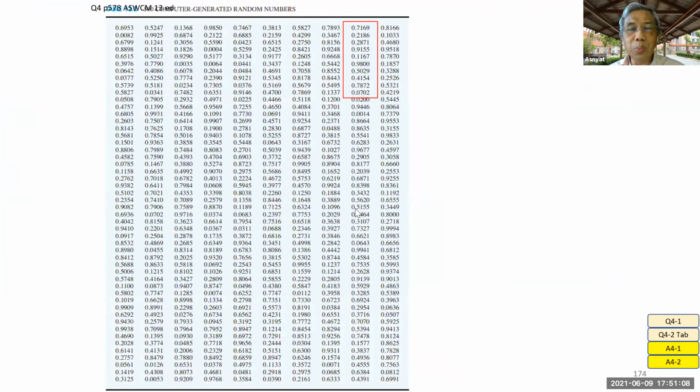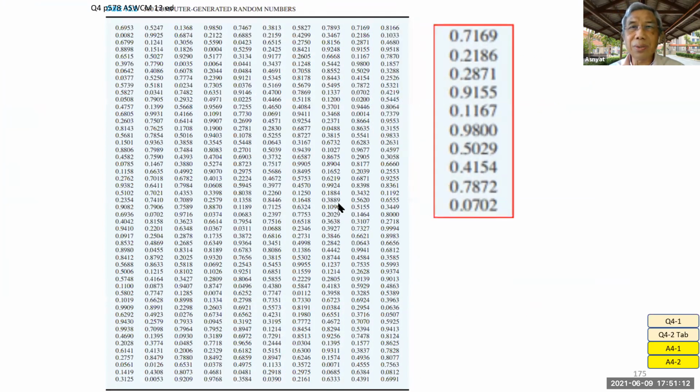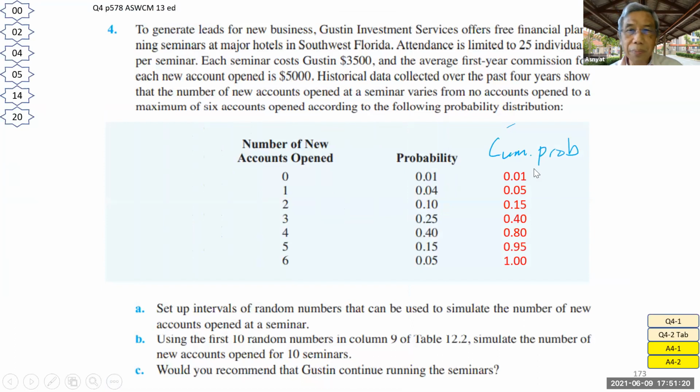Then let's do the simulation. I enlarge this for you. And we are going to use this information again. We're going to align this with the number of accounts opened. The probability, and we are going to get this.